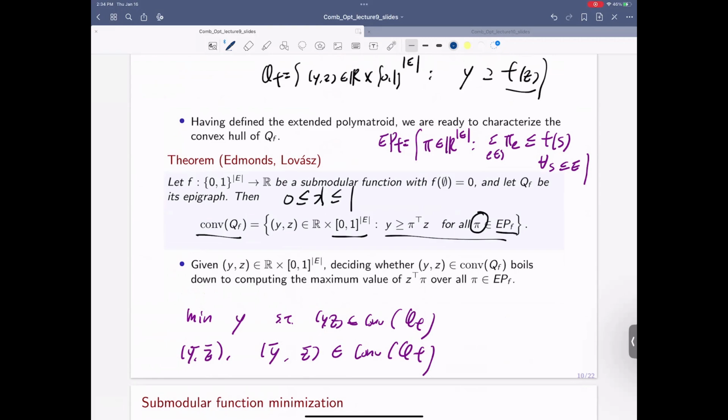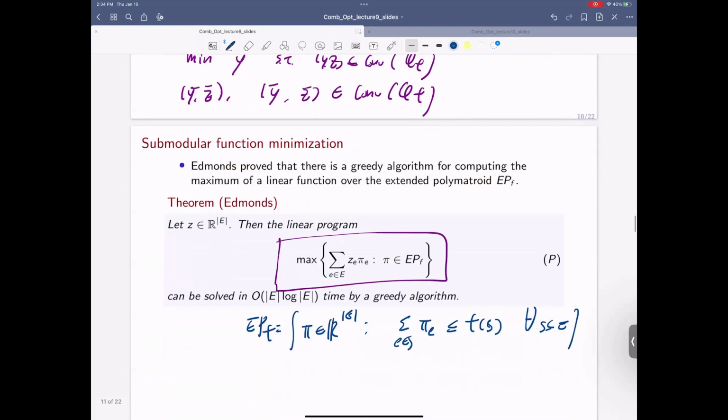Now, to check whether my given solution satisfies all inequalities, the approach is to compute the maximum value of the right-hand side, and you compare it with the given left-hand side. Okay, so the question boils down to computing the maximum value of pi transpose z, where pi is coming from the extended polymatroid. And that's here.